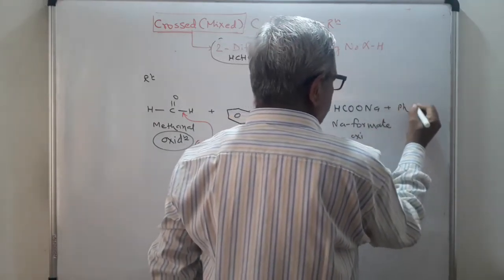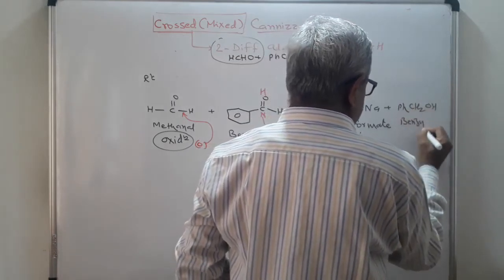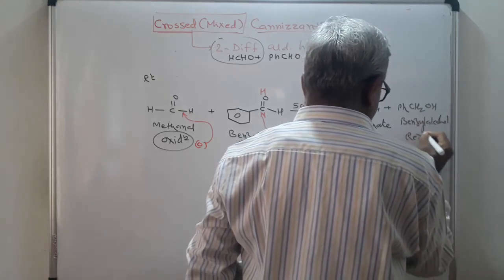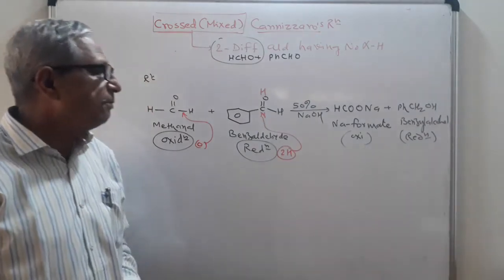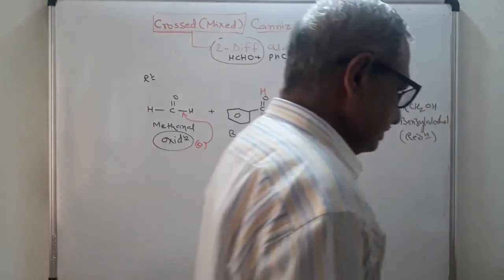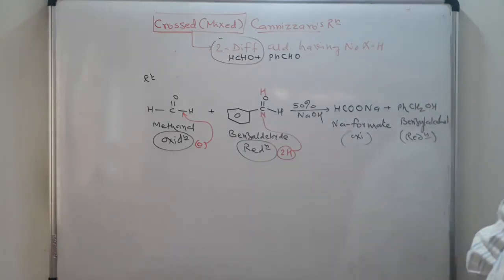And you will get here PhCH2OH. It is known as benzyl alcohol. This is a reduction product. So this is the example of crossed Cannizzaro reaction. Now I will set one important reaction on the Cannizzaro reaction.